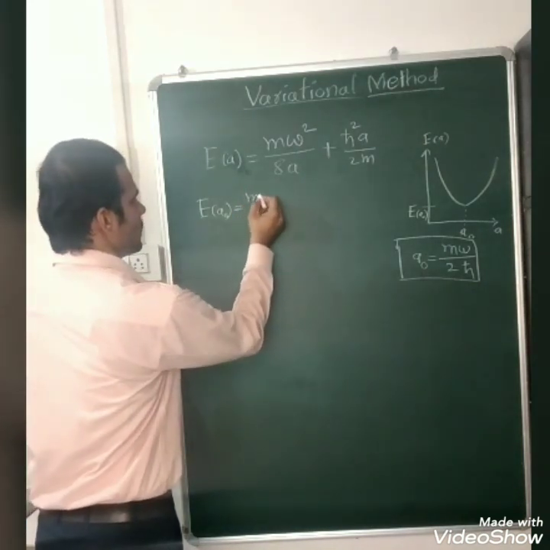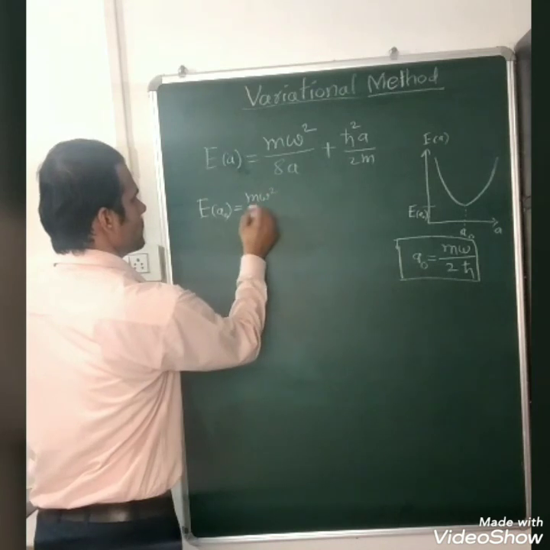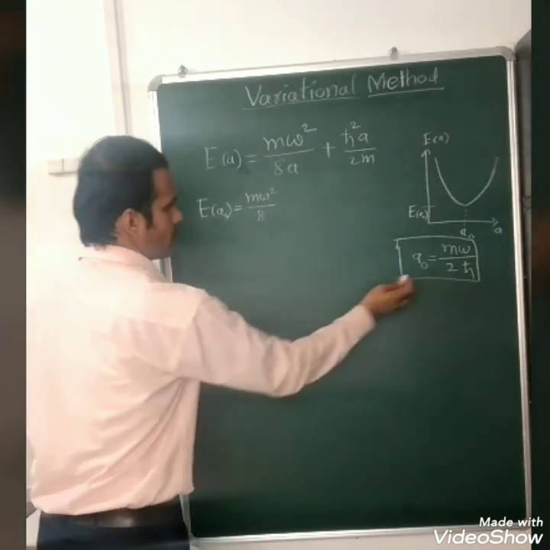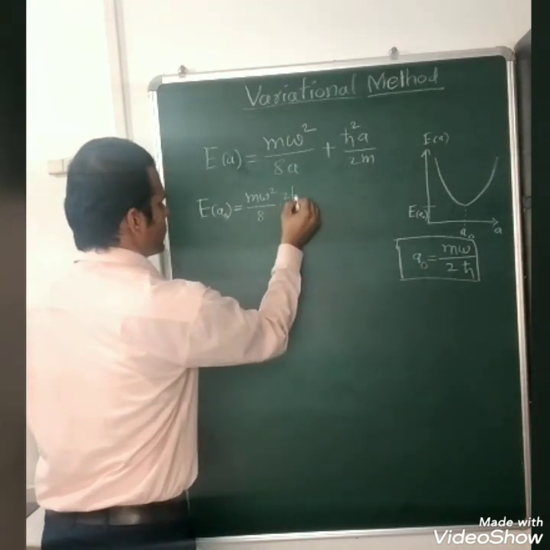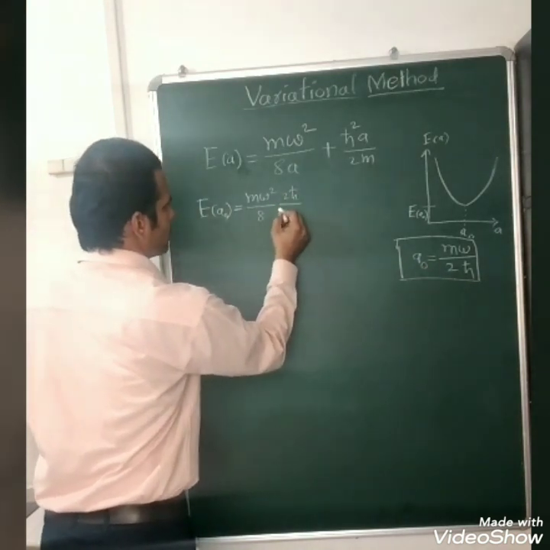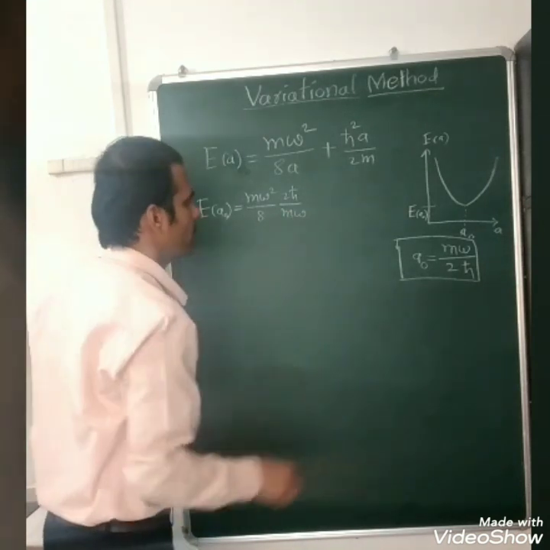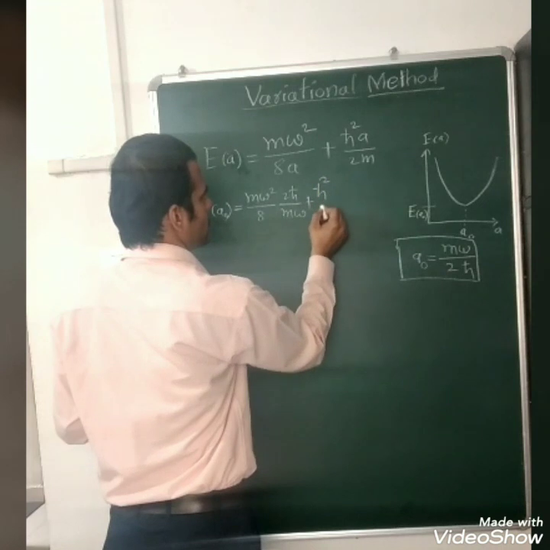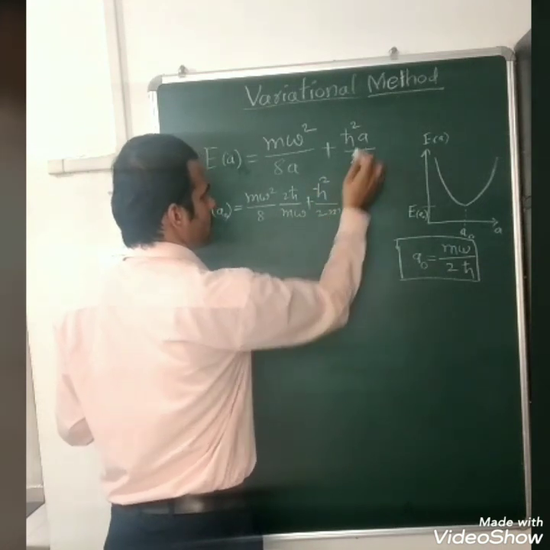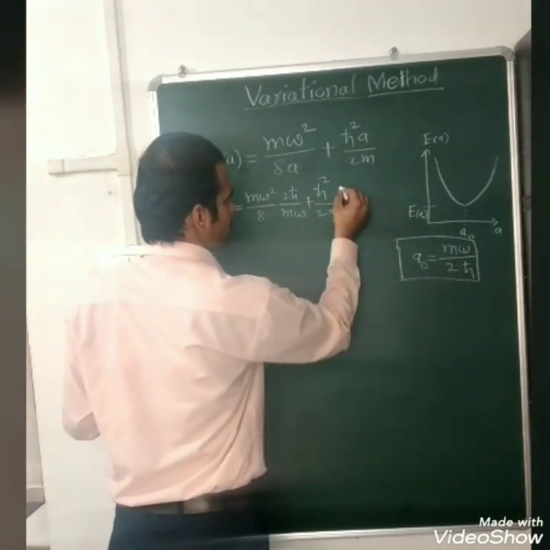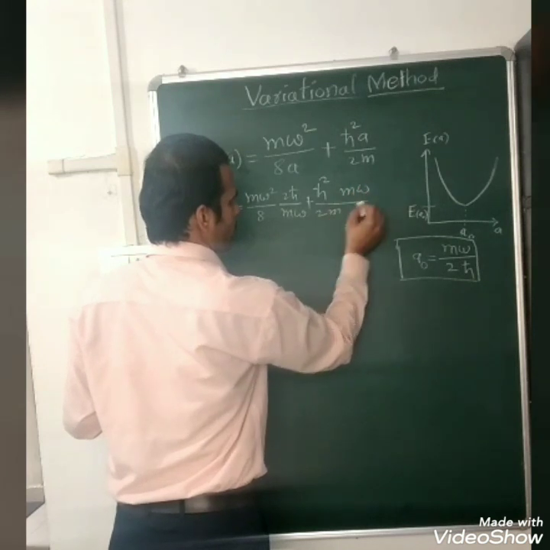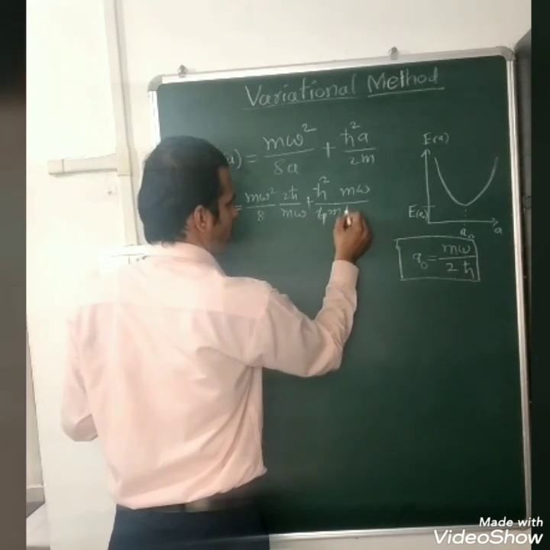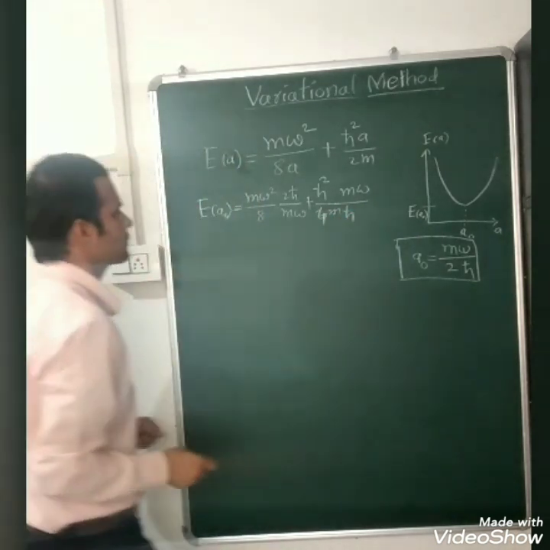Here we have m omega square by 8 into 1 upon A, that is 2 h cross by m omega, plus h cross square by 2m into A, which is m omega by 2 h cross.